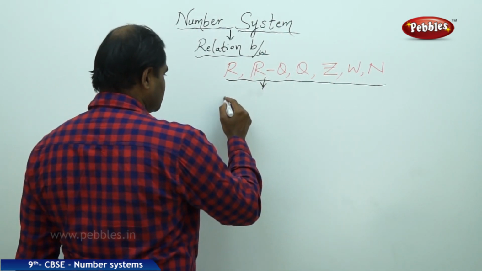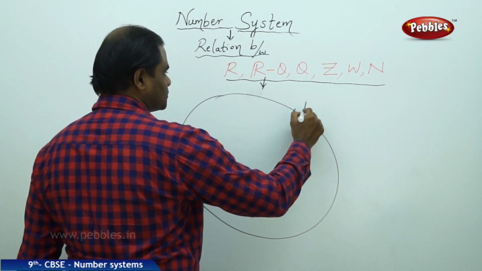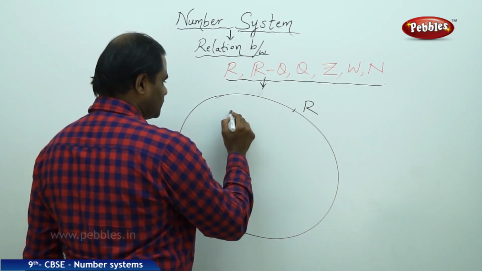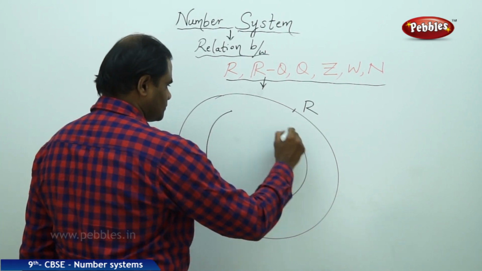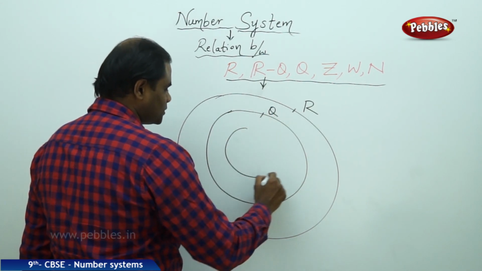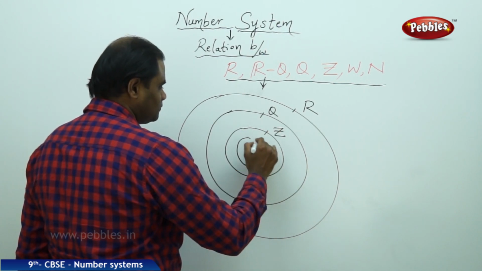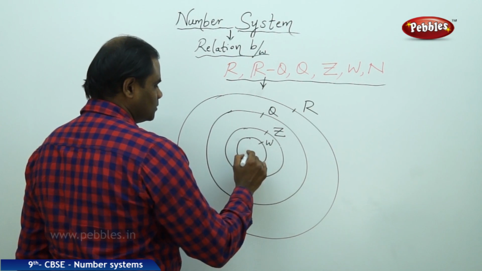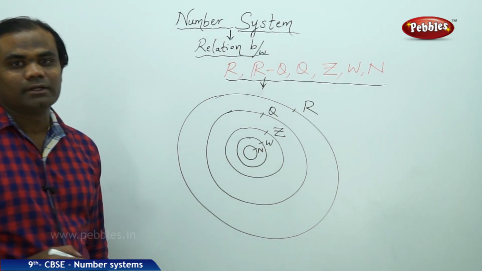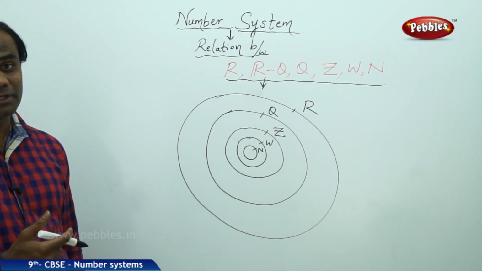Now we have the set of real numbers denoted by R, the set of rational numbers denoted by Q, the set of integers denoted by Z, the set of whole numbers denoted by W, and the set of natural numbers denoted by N, as shown through the circular or Venn diagrammatic representation.